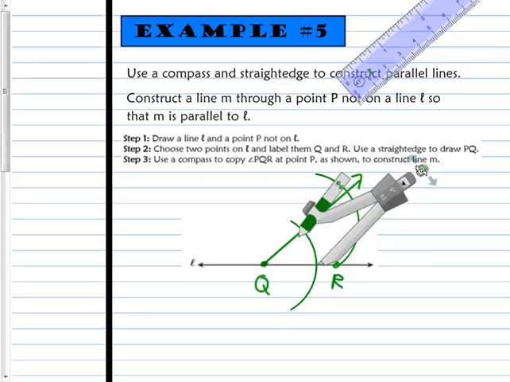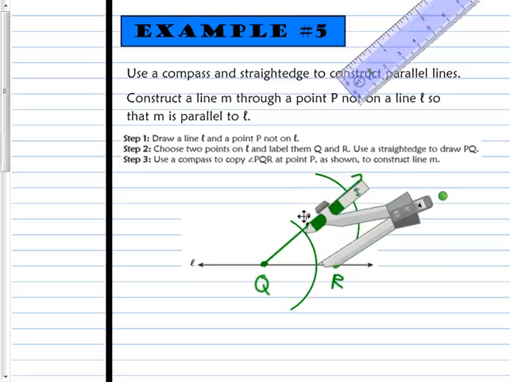Here we go. Okay, so I had to measure how wide it is from where the arc crossed PQ to where the arc crossed QR. And so now that you've done that, you take that same width.